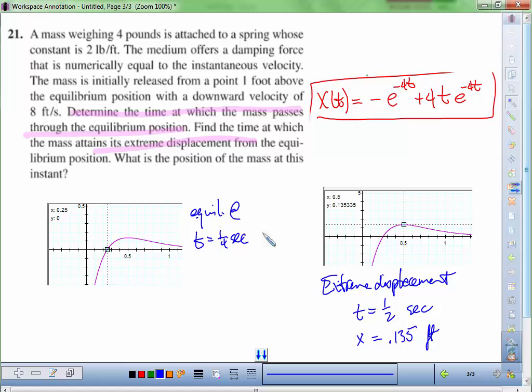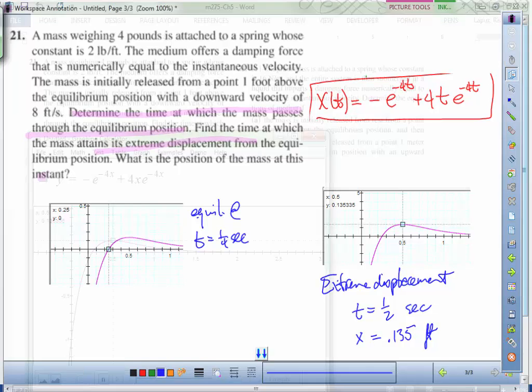So the last part of this section is looking at where you have some damping going on, and you also have an external force. So let's take a look at the external force business.